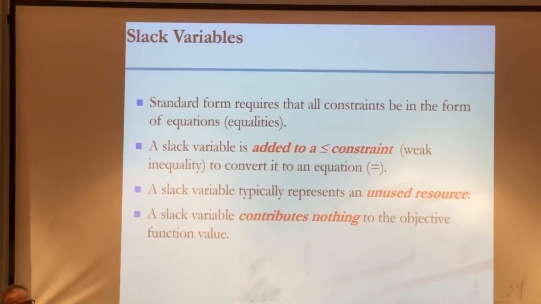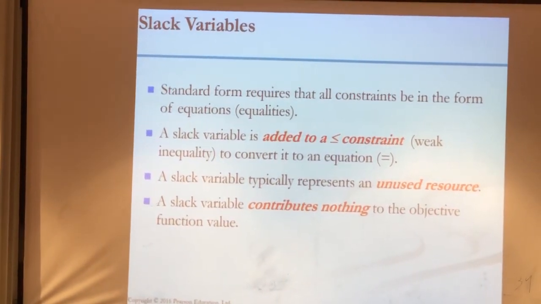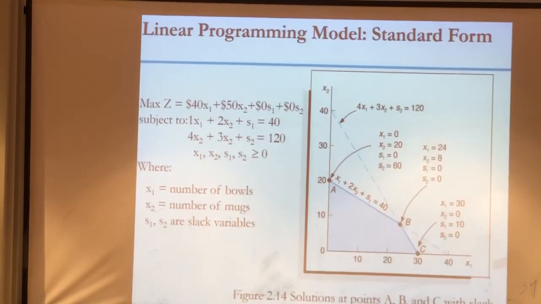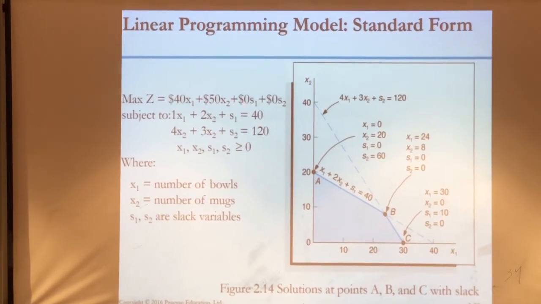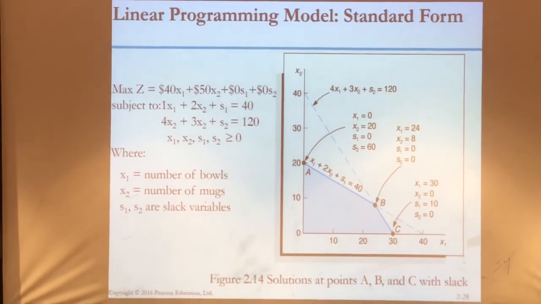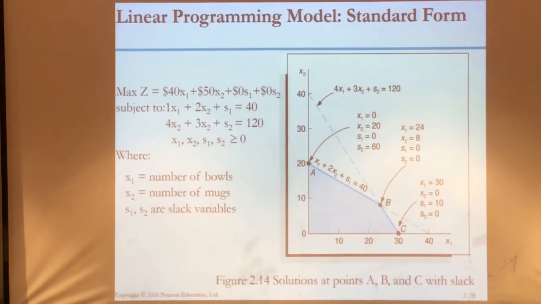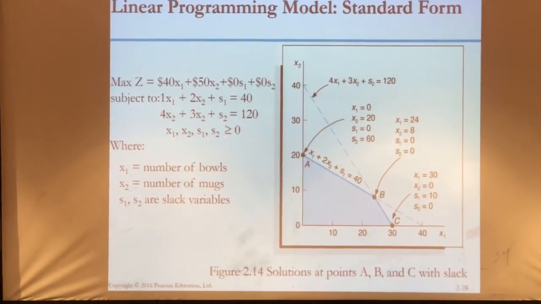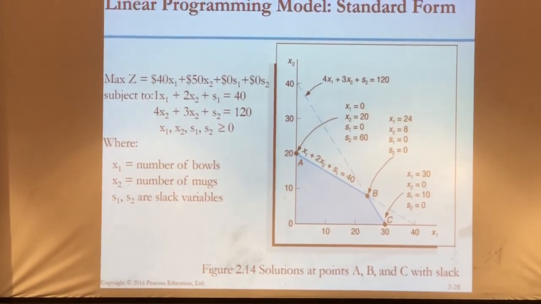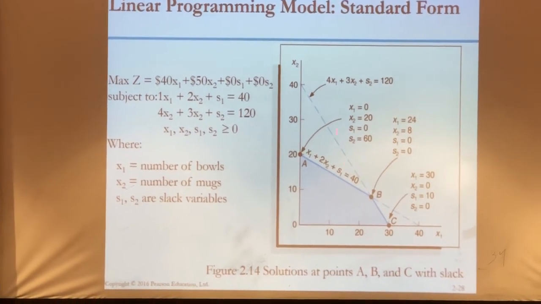We also add these slack variables in the objective function with 0 coefficient because they don't bring any profit or cost. Here we have added this in the objective function, 40x1 plus 50x2 plus 0s1 plus 0s2. And here we have added s1, and here we have added s2 in this one. And these slacks are given over here as well.